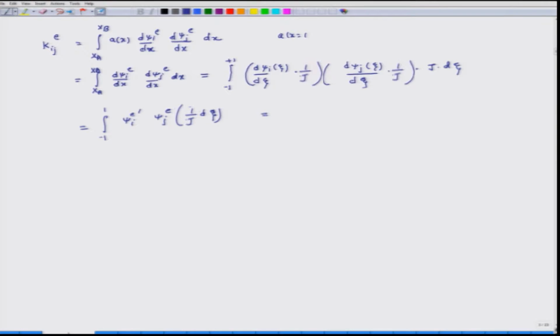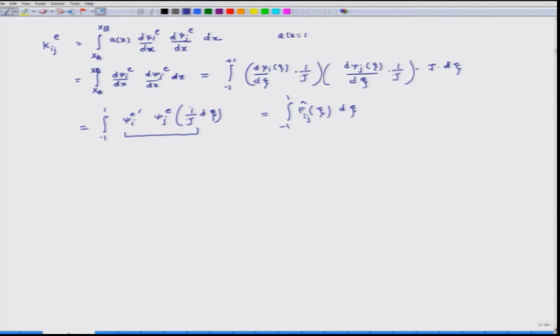and I call this entire thing, psi i prime psi j prime times j, f i j hat.